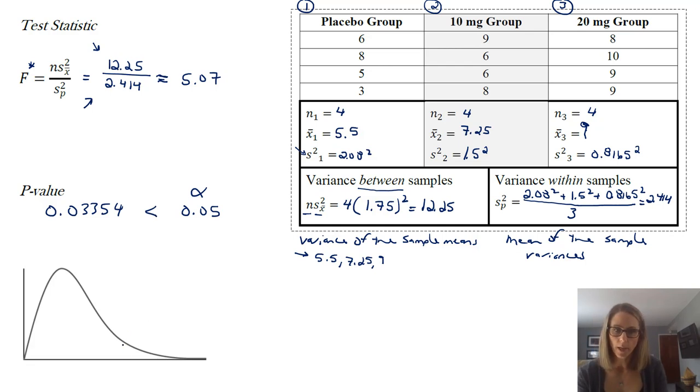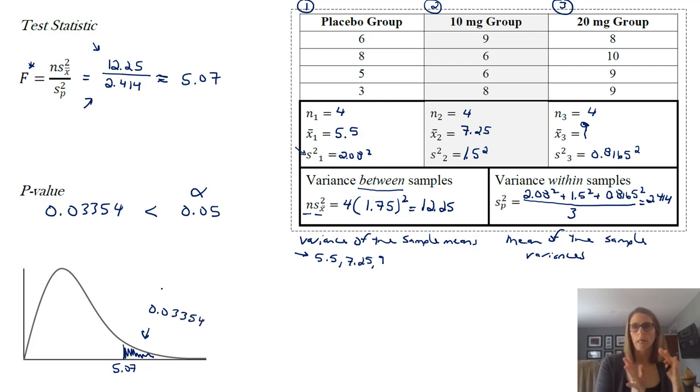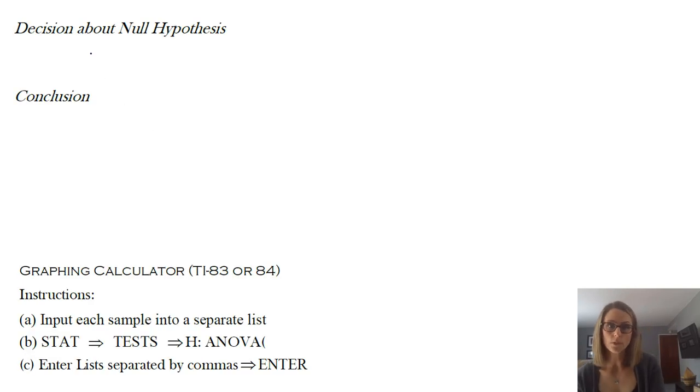So we have a test statistic, 5.07, and the p-value is 0.3354, and we compare it to our alpha. It's really just seeing how far out there our data is compared to what would be normal if the null is true. And now we just write our conclusion. The p is low, so the null must go. So we're going to reject H naught.